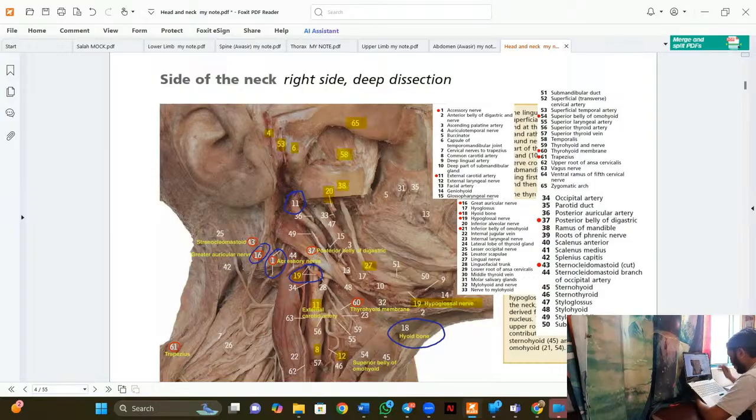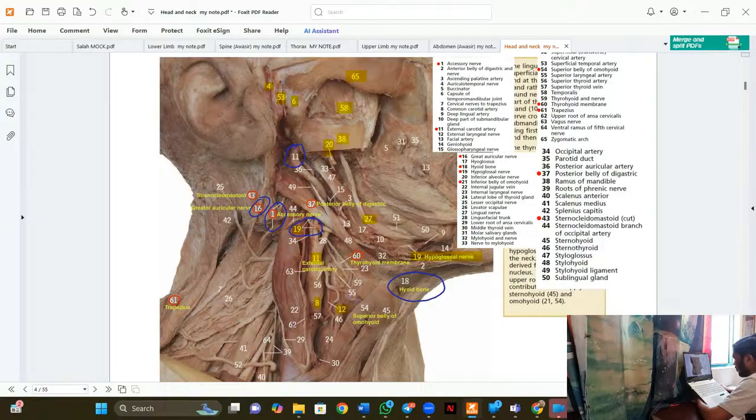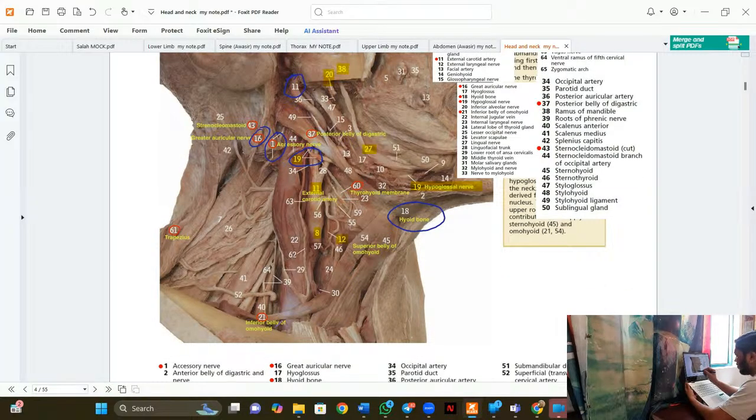This side also another 19. Anyway, 19 is the hypoglossal nerve. 21, inferior belly of omohyoid.